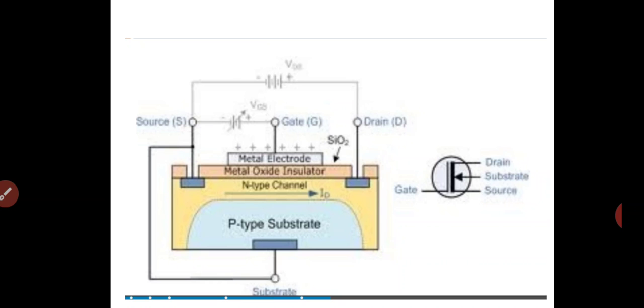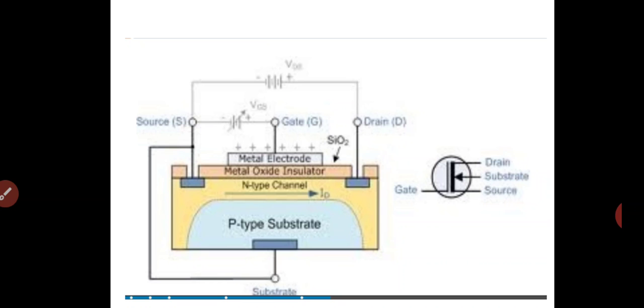Before going to the working, first comes biasing. Source and drain are in forward bias, and source and gate are used for controlling the output.